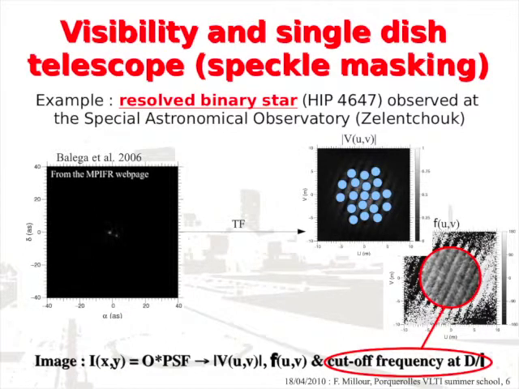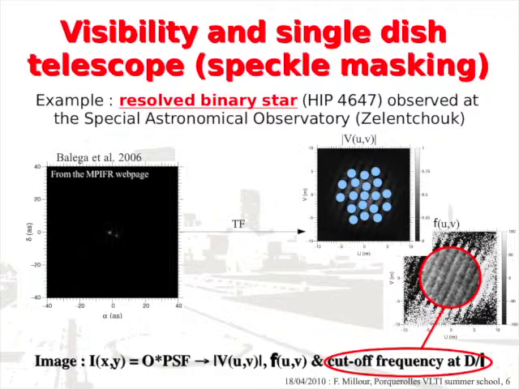When you do what we call speckle masking, which is another technique to do high angular resolution on single dish telescopes, in fact you make a discretization of this UV plane, of the plane of the Fourier transform. So you measure the visibility and phase at some discrete points in this Fourier plane.